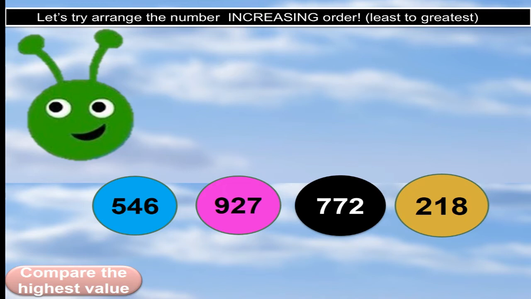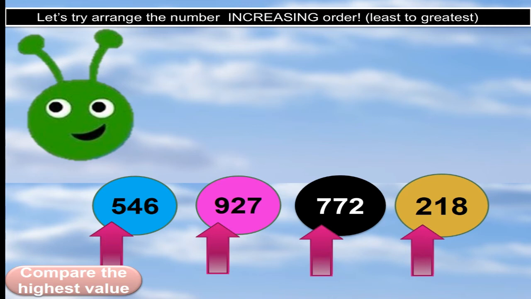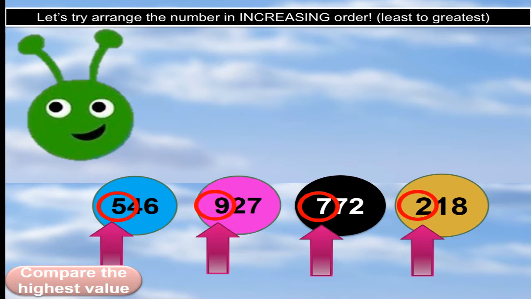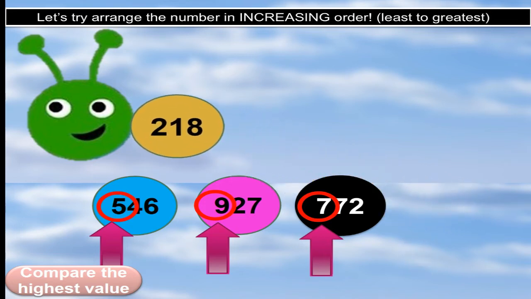In this example, the highest value is in the hundreds place, and that is 5, 9, 7, and 2. 2 is the smallest number, so therefore 218 is the least number.